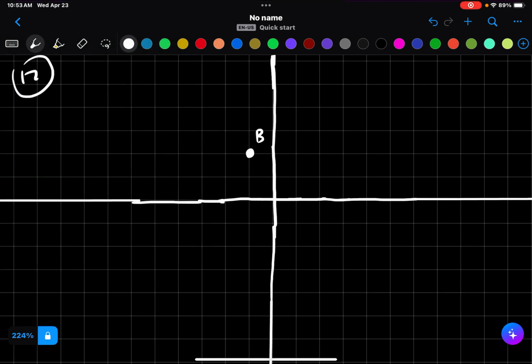Then you have point S, which is this one. You have point C, which is here, and you have point R, which is all the way down here. Let's connect.